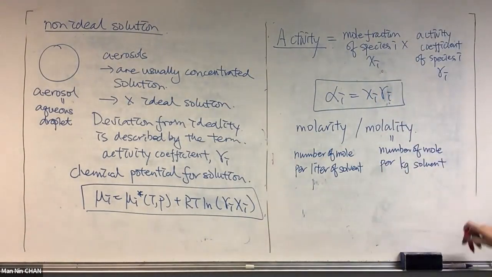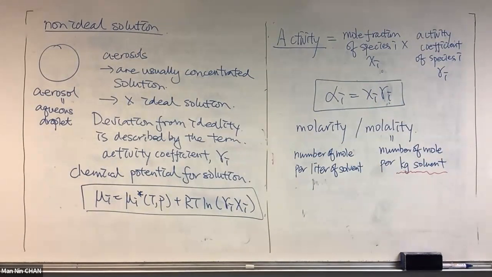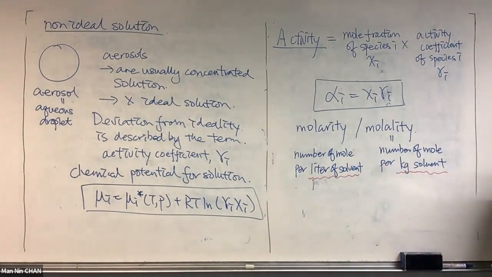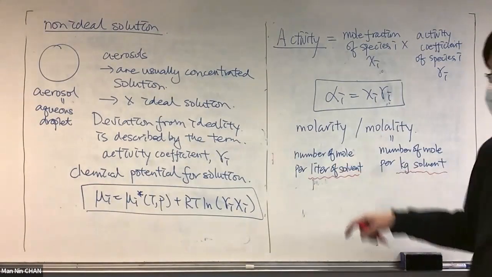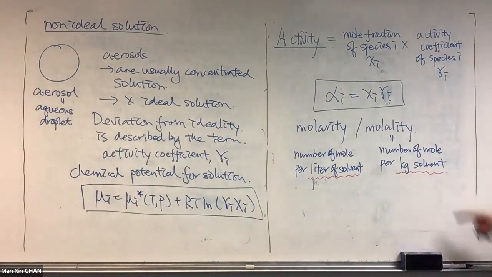One is by the mass, for example, a kg of your solvent. Sometimes it's the volume of your solvent. So sometimes we need to pay attention, because if you use the volume, you need to pay attention to the temperature and pressure, right? Because the volume of your solvent sometimes depends on the temperature and the pressure, but the mass does not. So this is just for your information, okay?